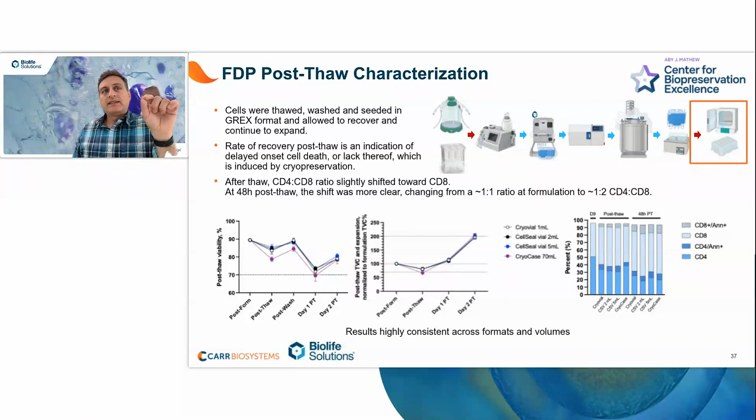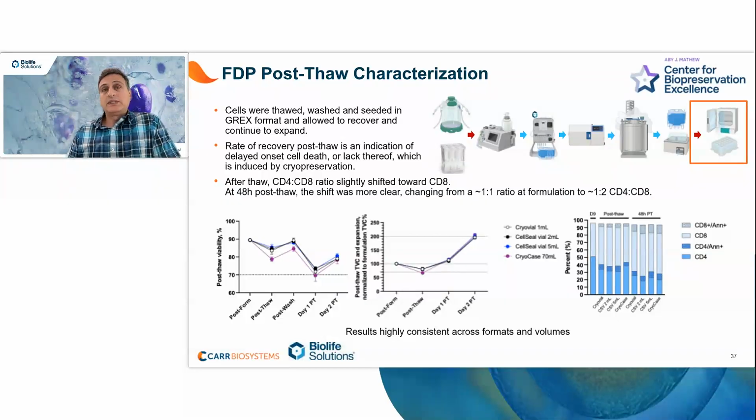So what you can see is that we are going to have some of that delayed onset cell death that the cells experience after thaw, with viability dropping to around 70% for all of these on day one. And then on day two post-thaw, the viability is recovering, and that is because the cells are back in business and doubling. You can see that from day one post-thaw to day two, we have population doubling of almost 100%. They're going up from around 105, 110% to around 200% on day two.